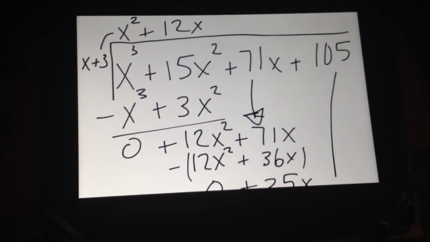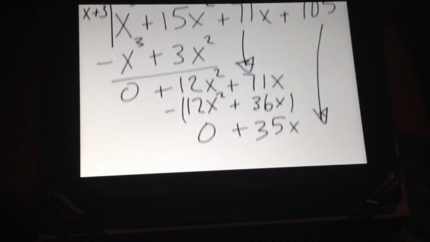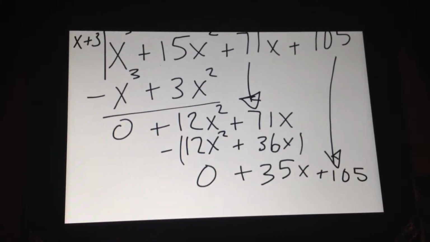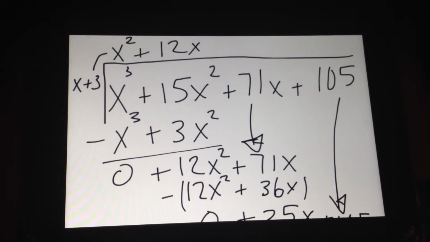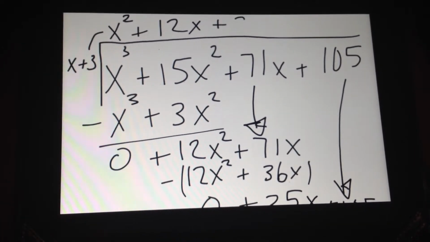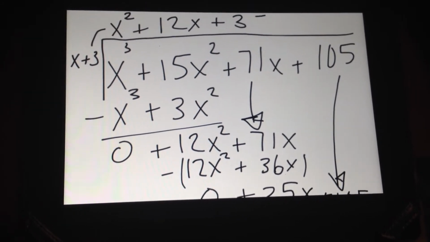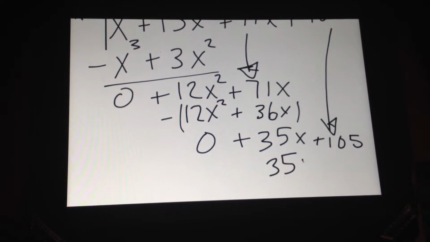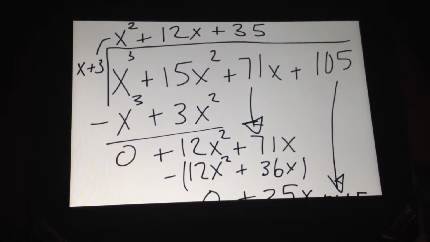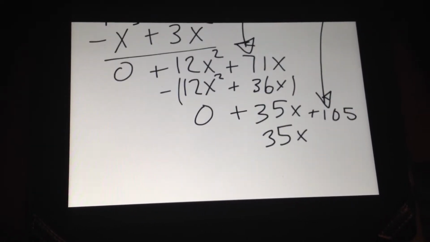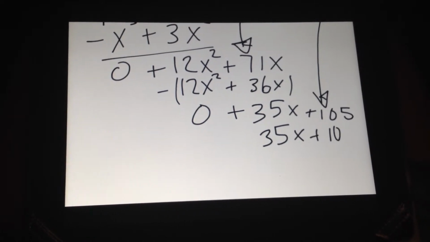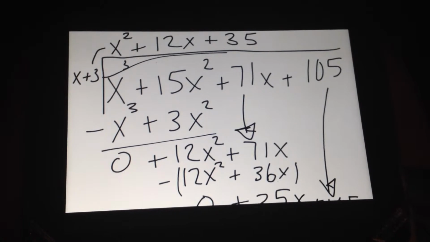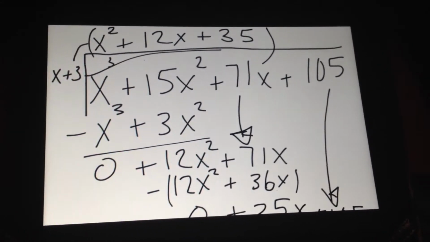Drop down the second term, which is 105. Times 35 equals 105. And there's no remainder, so now we're left with this equation up here.